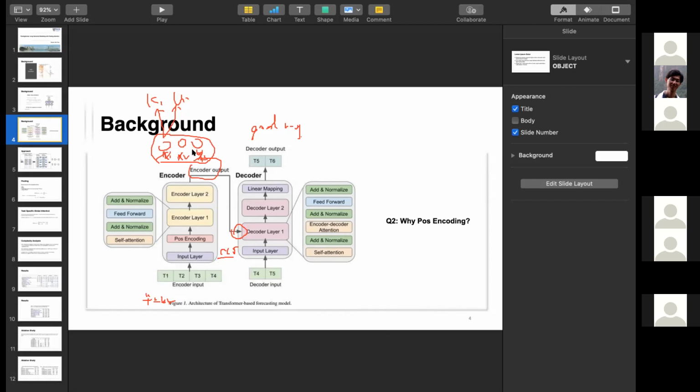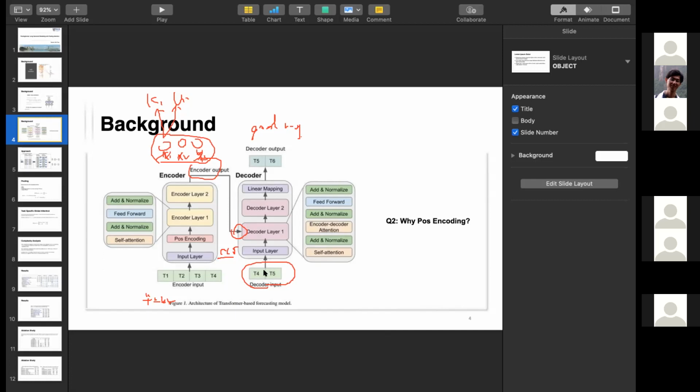But the decoder generates the word one by one, right? So in your graph, why is this T4 and T5, and why is it not the same length?